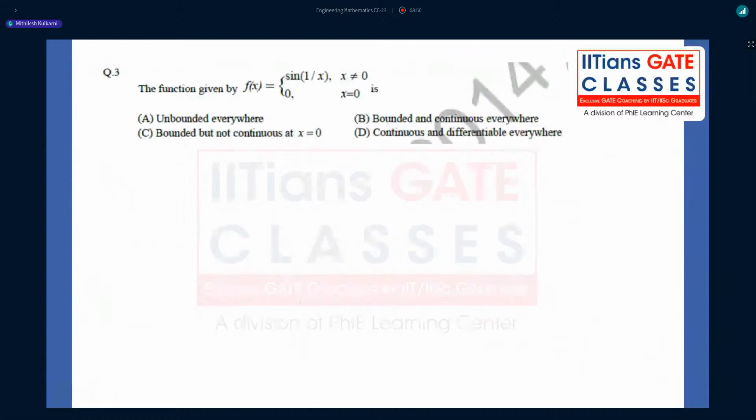Looking into the function, we have the function in the form of sine of 1 upon x when the value of x is not equal to 0, and for x equal to 0, the value of the function is 0. So if you look into the plot of this function, the sine function I'm talking about, it will look something like this: sine of 1 upon x.